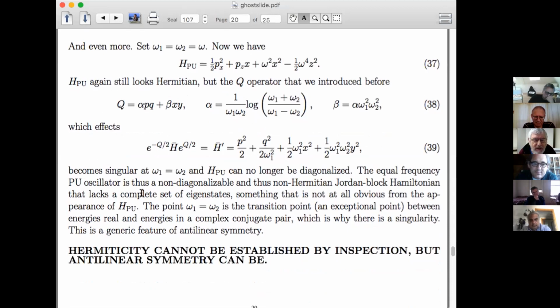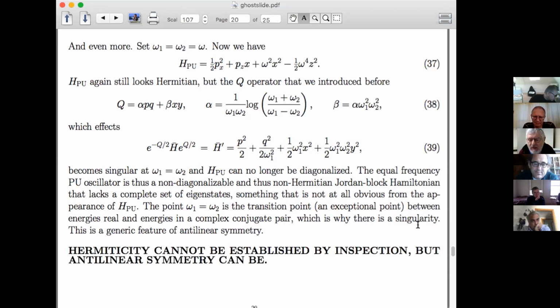And why can't it be diagonalized? Because it lacks a complete set of eigenstates, something that you can't tell just by staring. You couldn't just look at that Hamiltonian and say that the eigenspectrum is not complete. The point omega 1 equals omega 2 is a transition point, and it's called an exceptional point in the PT literature, and it's the crossover point between the real and the complex conjugate pairs.